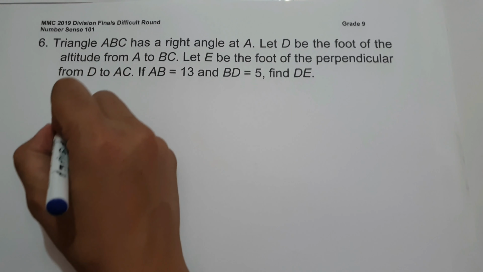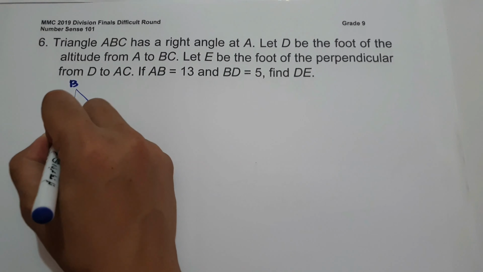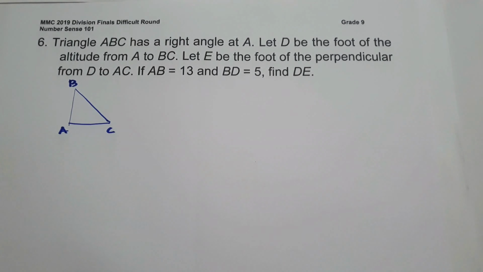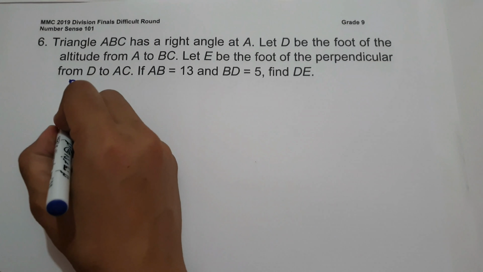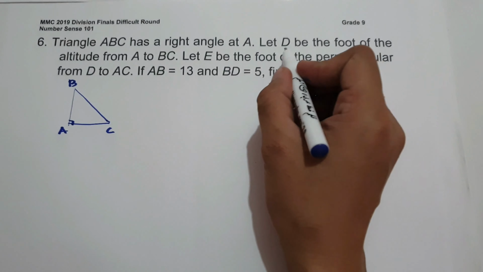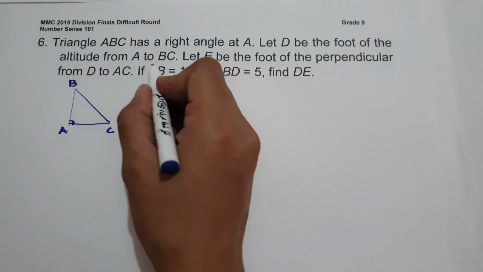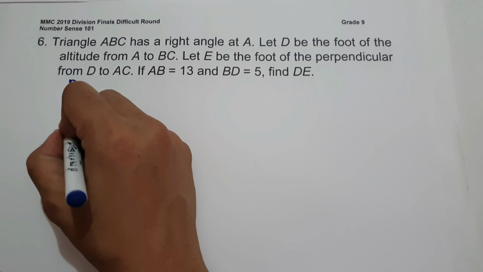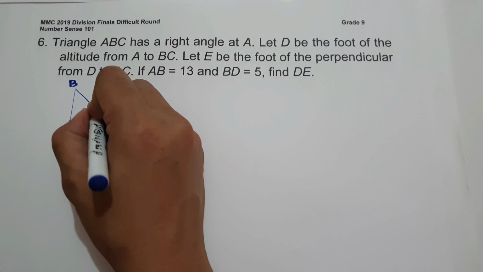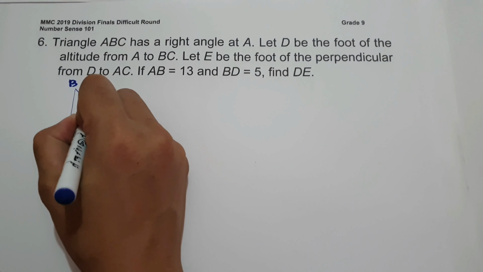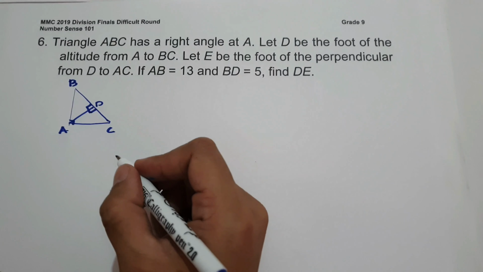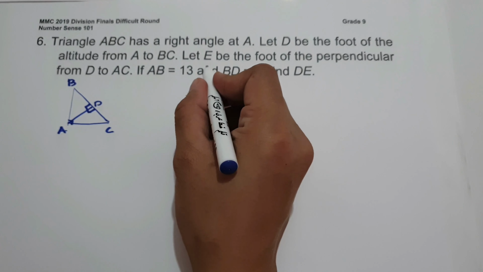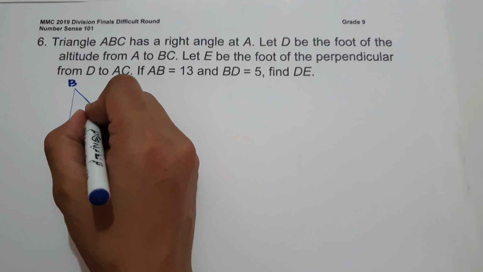We have B, A, C. So angle A is a right angle. At the same time, D be the foot of the altitude from A to BC. So this is D. So this is right angle. And then let E be the foot of the perpendicular from D to AC.